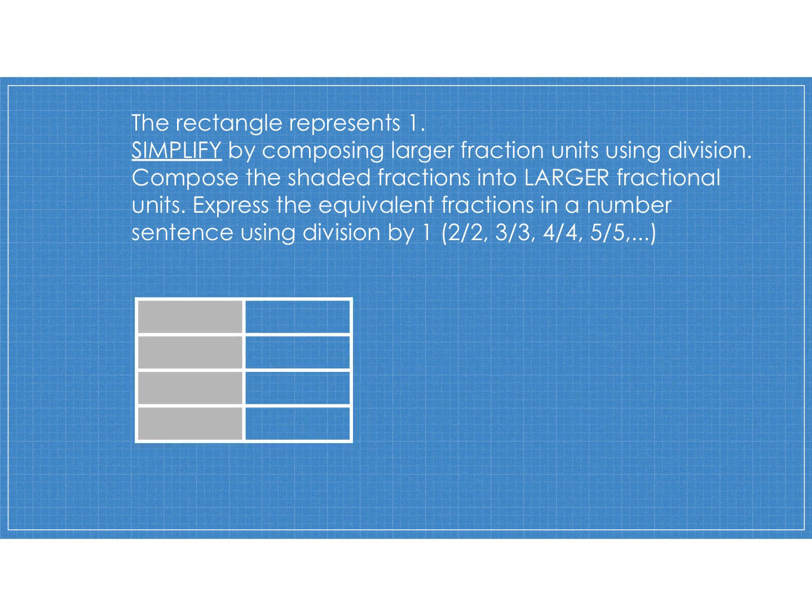Okay, I'm just going to do one more for you, and I want to read the directions up here. So we're going to compose these 4 shaded fractions into larger fractional units. Okay, so if we do that, we can do 2 parts, 2 units, 1 unit, 2 units.